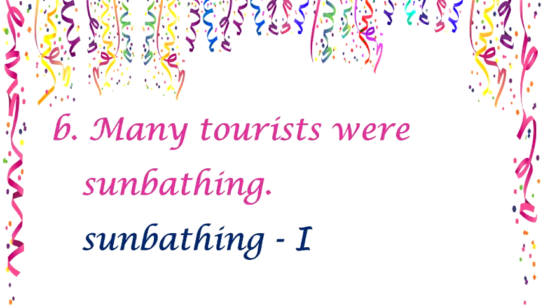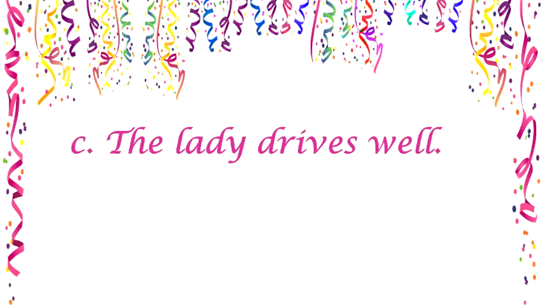So we will write I for it. Okay. Number C. The lady drives well. Yes, dear children. I'm sure you've got your answer. Drives is the verb, and since the sentence has no object, so it is an intransitive verb.